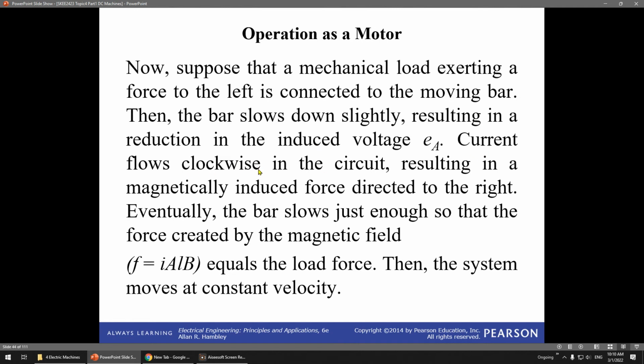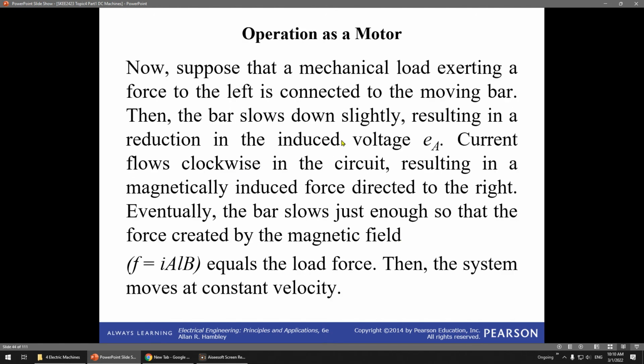Current flows clockwise in the circuit, resulting in a magnetic induced force directed to the right. Eventually, the bar slows just enough so that the force created by the magnetic force, F equals ILB, equals the load force. Then the system moves at a constant velocity.